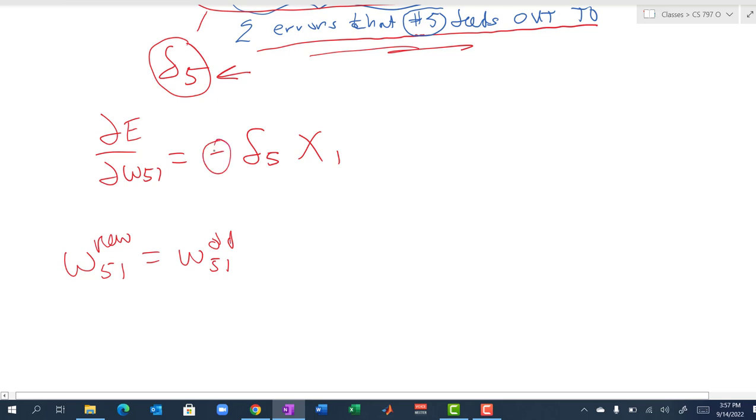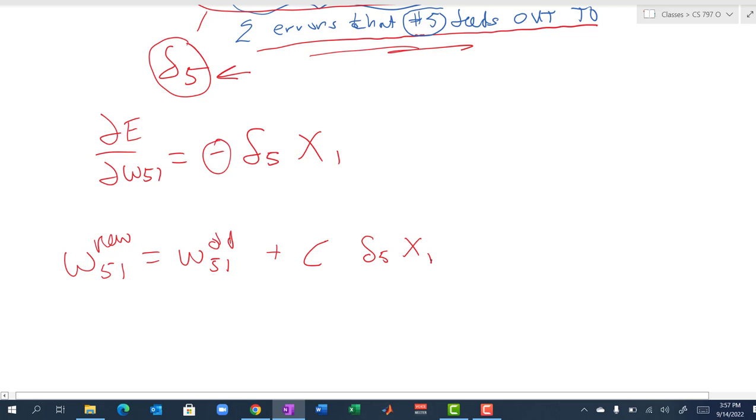Notice the minus here cancels out with the minus in the gradient descent. And this is the weight update rule.